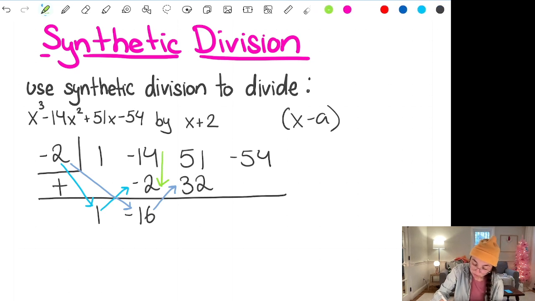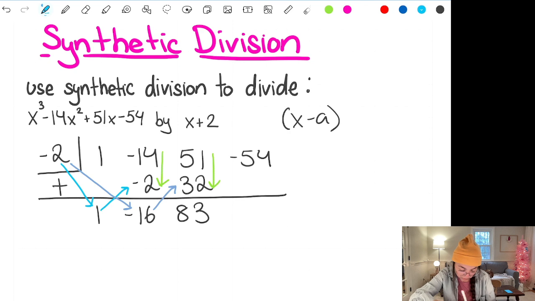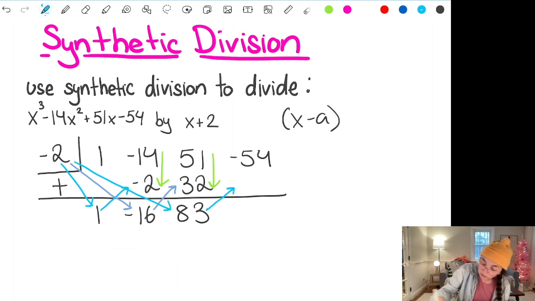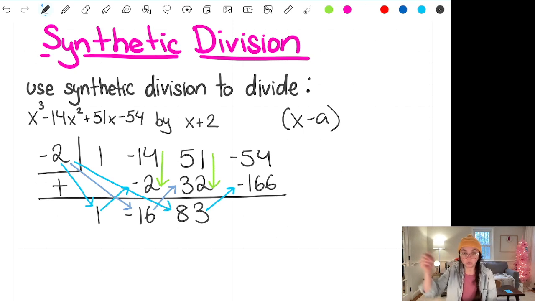Then we're going to add 51 plus 32, which gives us 83. Negative 2 times 83 equals negative 166, and the answer goes right here. We're going to be adding negative 54 plus negative 166. That's going to give us a negative 220.